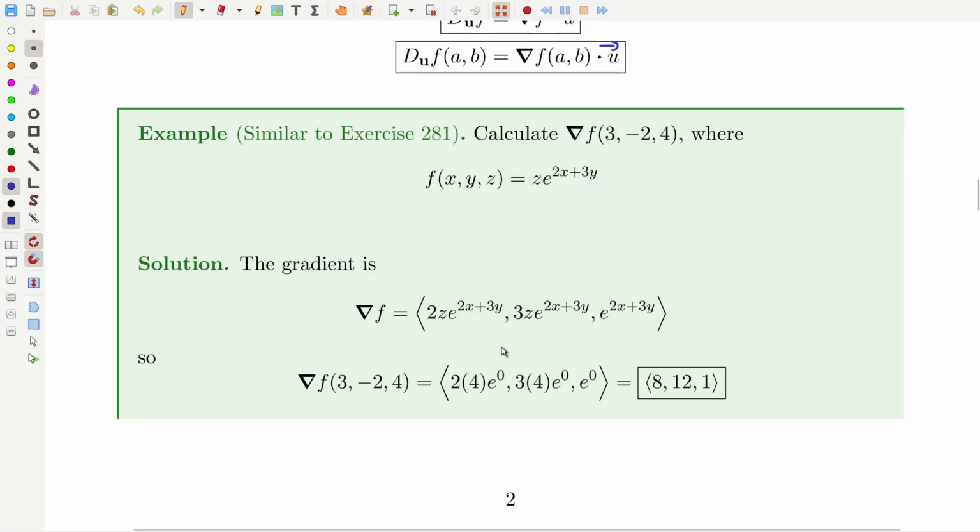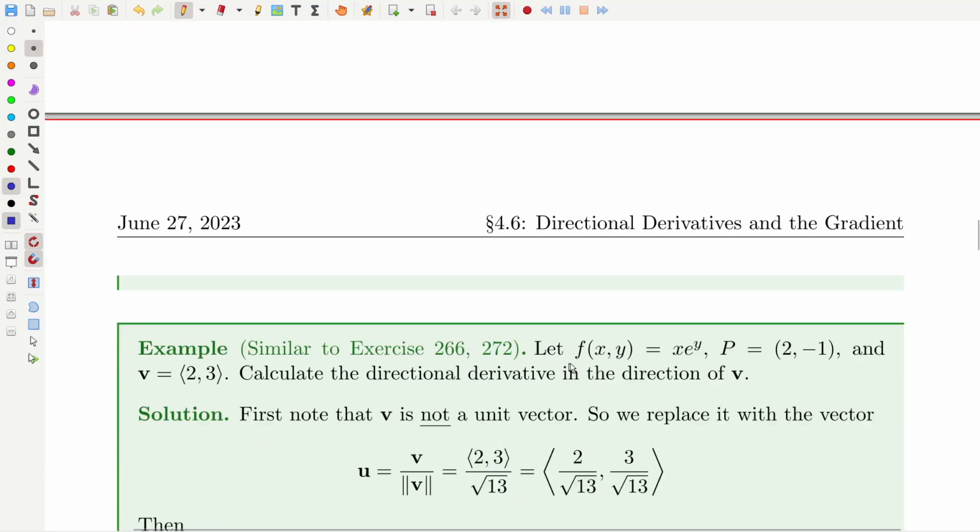Then we take that and we evaluate it at the point that we're told to plug in at. The values are chosen nicely so that the exponential is all to the power 0. And then you got multiples of z, which is 4, so it's a straightforward calculation at that point.